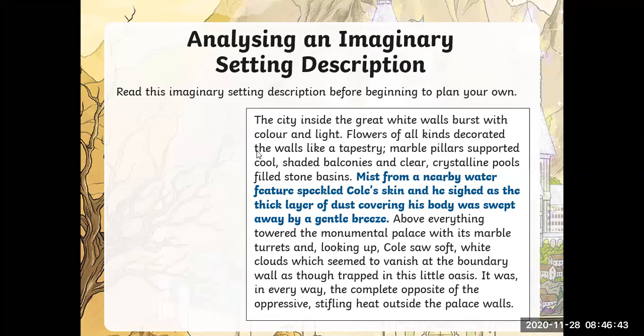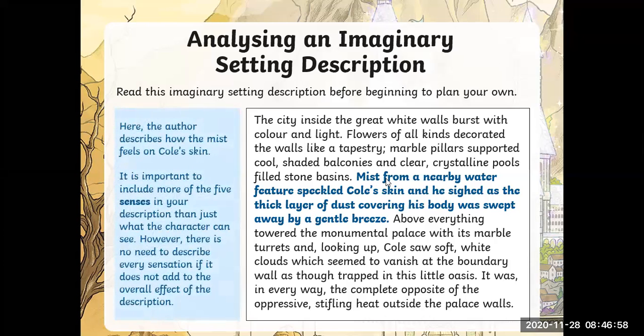So far we talked about the choice of words and the figurative language, or the figures of speech. Now we have to think of the sensory language that makes the reader feel as if they were there. Mist from a nearby water feature speckled Cole's skin. You as a reader can feel the wet mist on your skin.